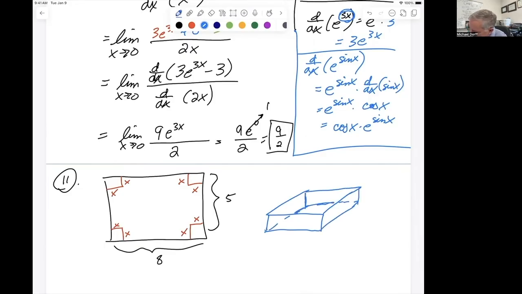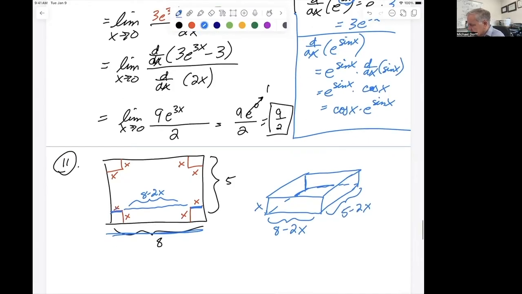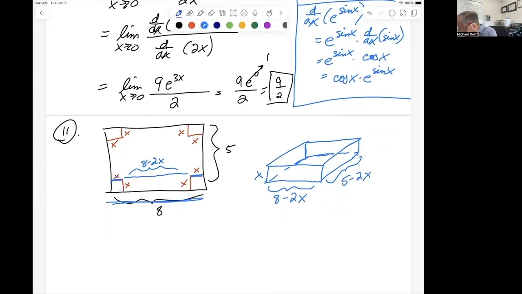And this length here is 8 minus 2x, because I have the 8 for the whole length, and then I have a minus x and a minus x here that you cut off. So this length here is 8 minus 2x. Likewise, this is going to be 5 minus 2x, and the height is going to be x.